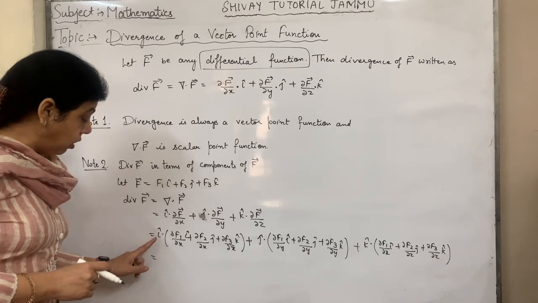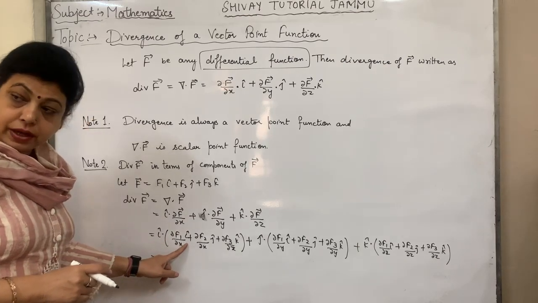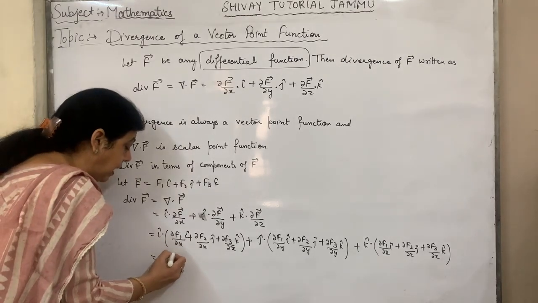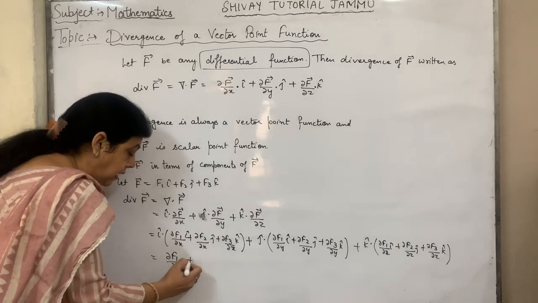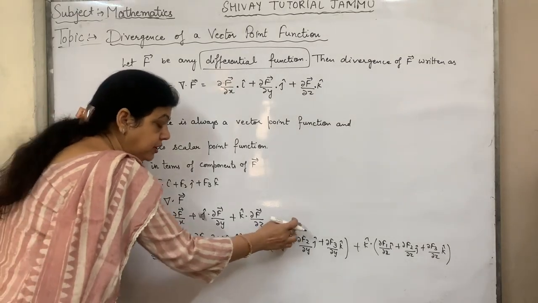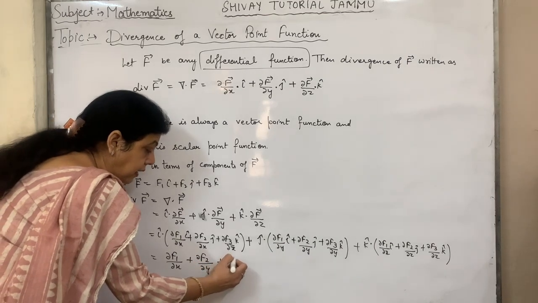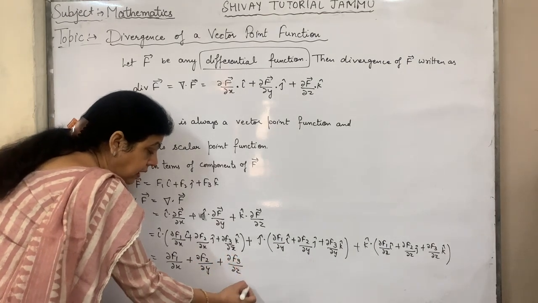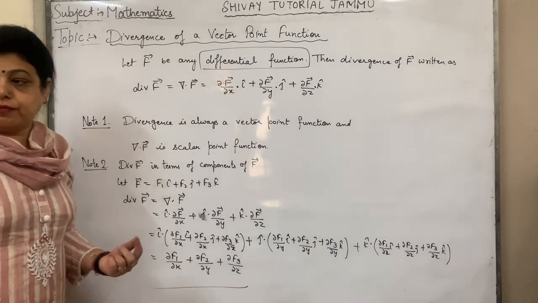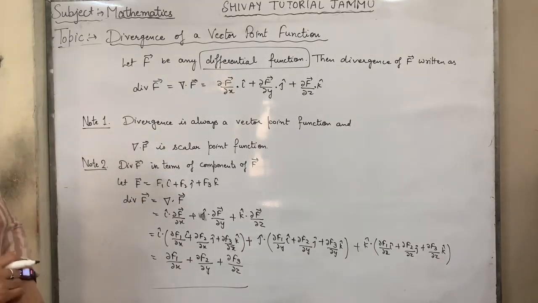Now I will do the dot product. i dot i is 1, so it becomes curly f1 by curly x. Other terms are 0. j dot j is 1, curly f2 by curly y, and curly f3 by curly z. This becomes div f, meaning divergence of f.